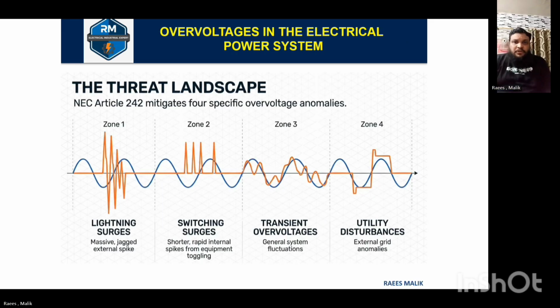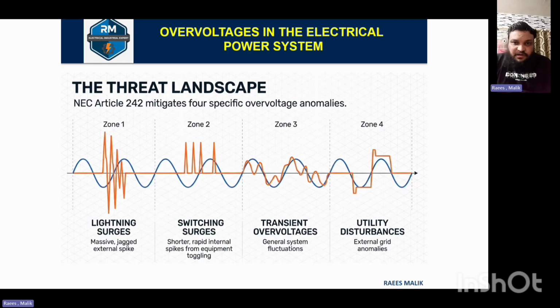So there are four types of overvoltages in the electrical power system. Number one is lightning surges, which are massive external spikes. Number two is switching surges, short or rapid interval spikes from equipment, switching of substations or toggling of the switches.